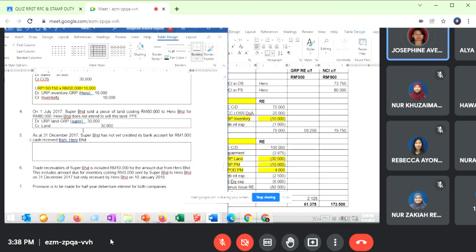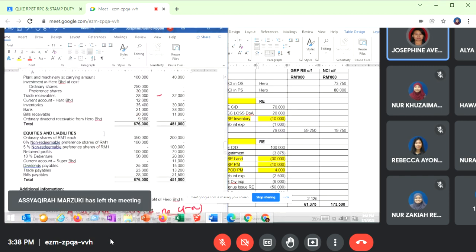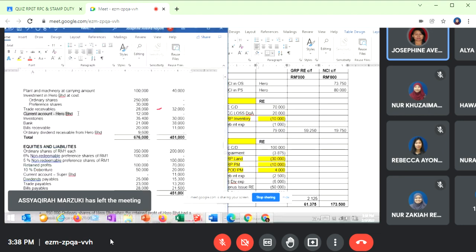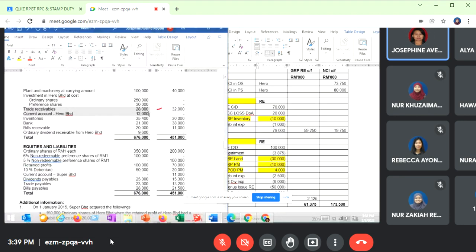Again, in the current year, Super has not yet credited its bank account for 1,000 cash that is received from Hero. Remember just now in the question, there was a current account, and the amount is 12,000.